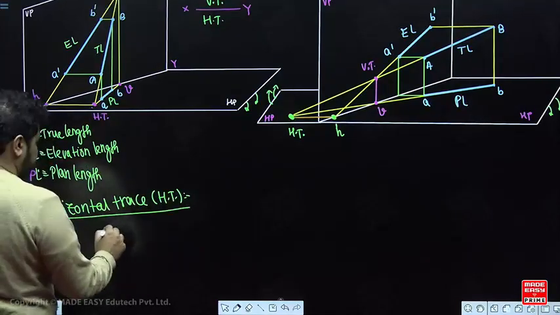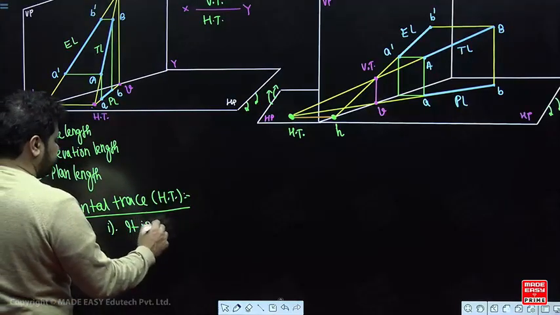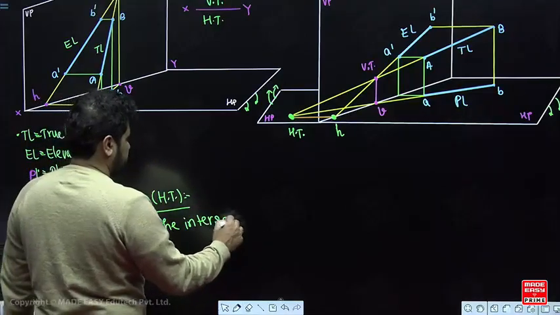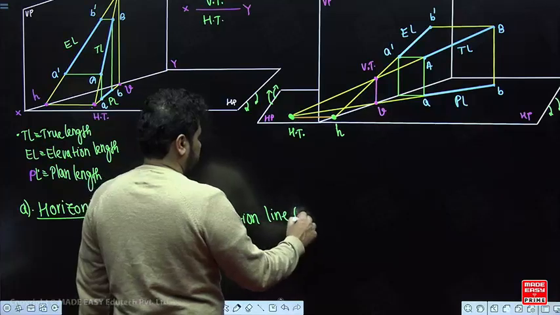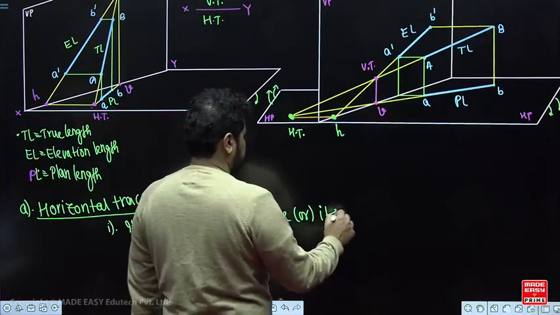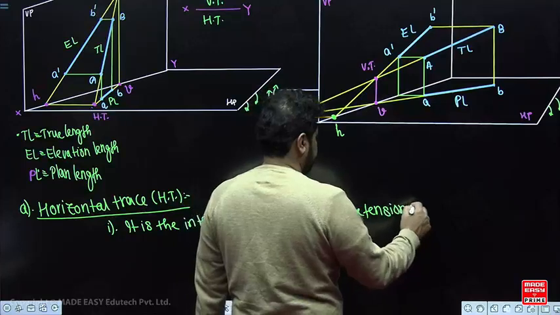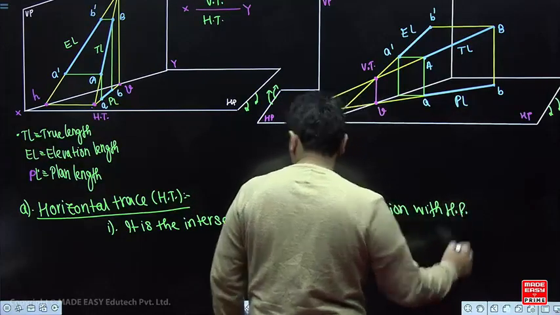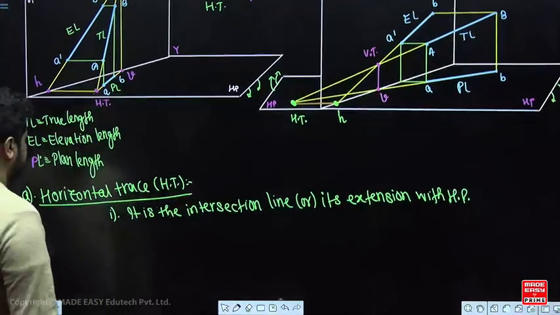So in this first point, it is the intersection of a line or its extension with HP. It is the intersection of a line or its extension with HP that is called the horizontal trace.